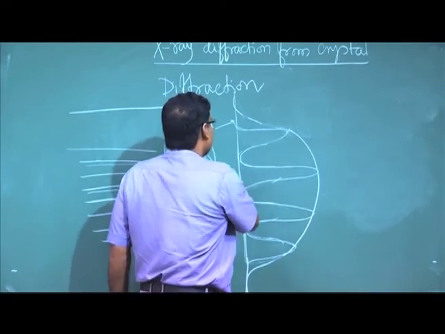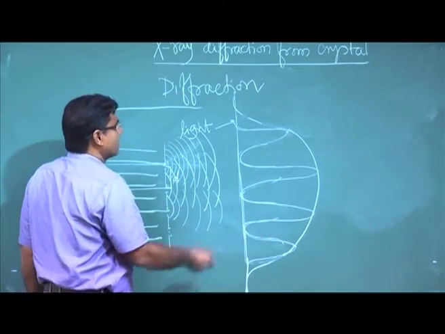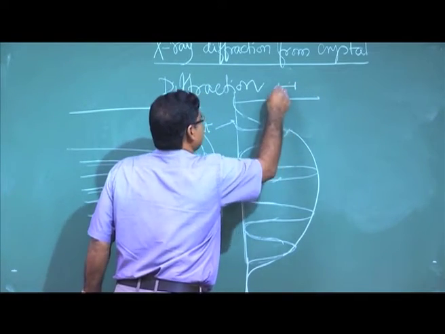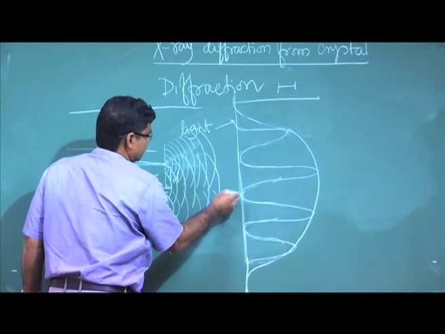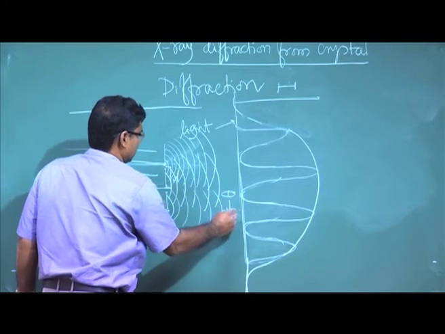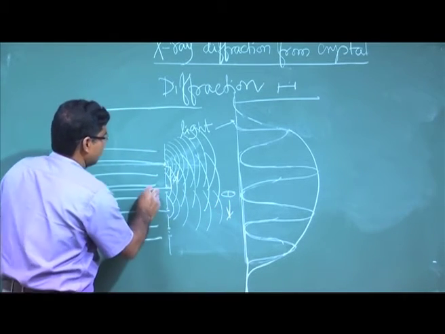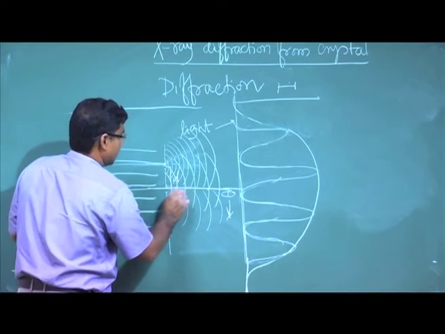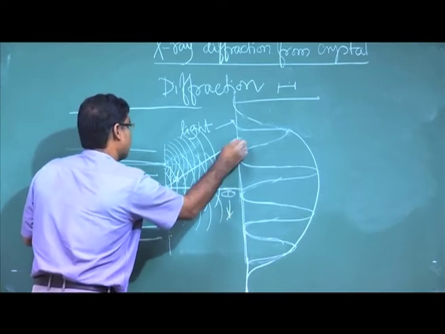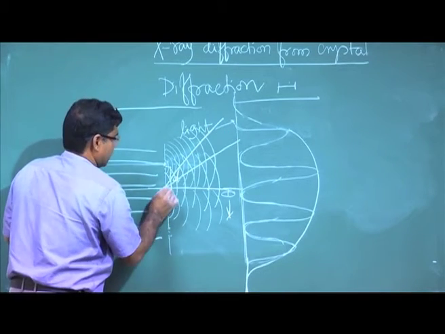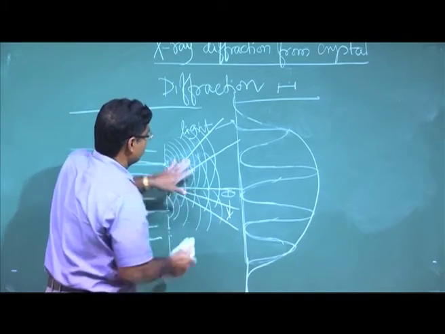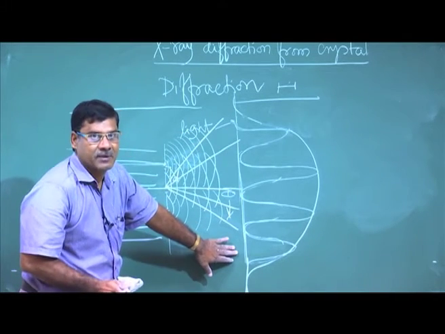Why do we get this? In the picture I have drawn, this is the intensity versus the angle theta. What is the angle theta? It is the angle with the incident direction, forming a different angle at a different position.